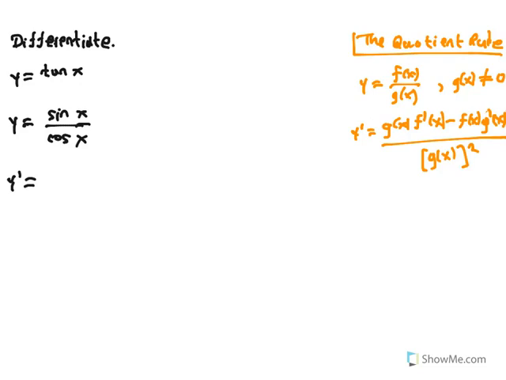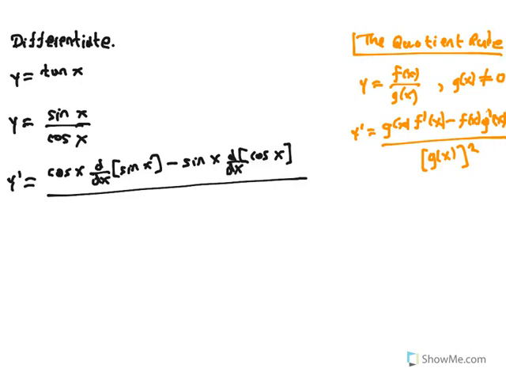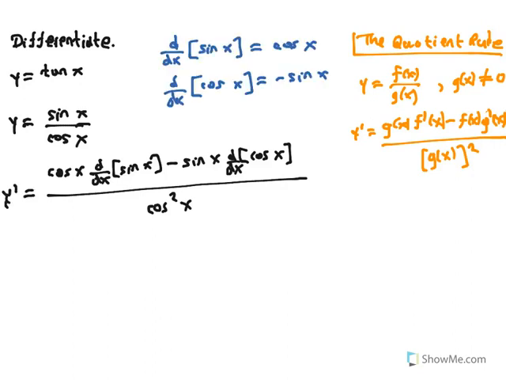Y prime is equal to the denominator times the derivative of the numerator minus the numerator times the derivative of the denominator, all over the square of the denominator. So now we'll go ahead and differentiate.